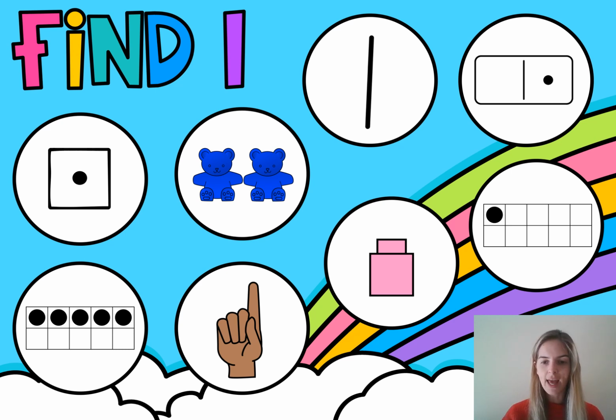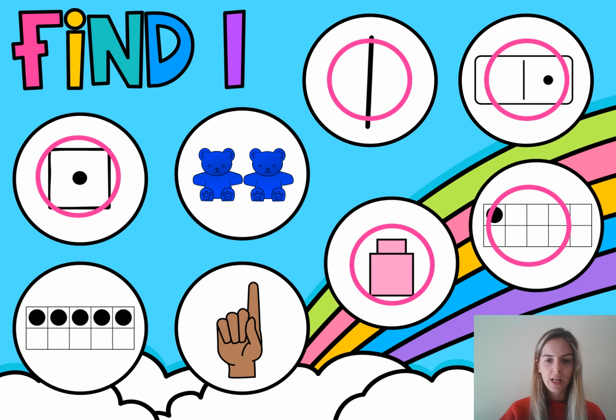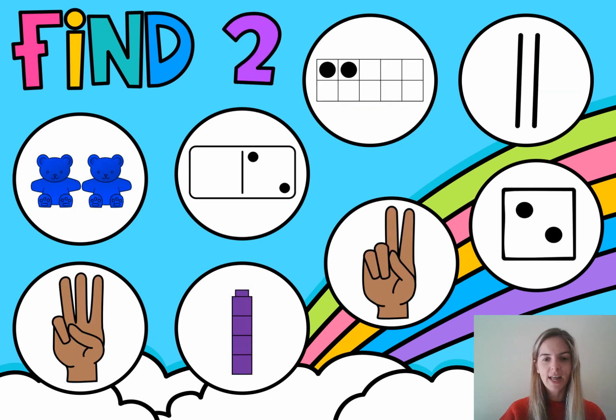And then come back and we'll look at them together. Okay, so let's have a look. I've got 1 on a dice. I have the tally mark 1, 1 on a domino, 1 on a 10 frame, 1 block, and 1 on a finger.